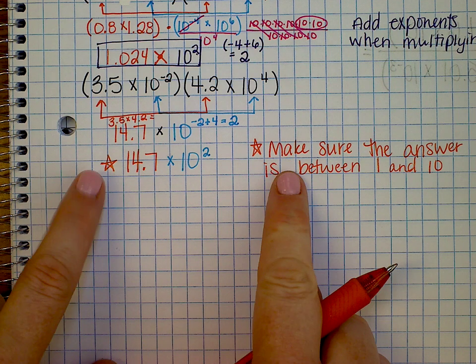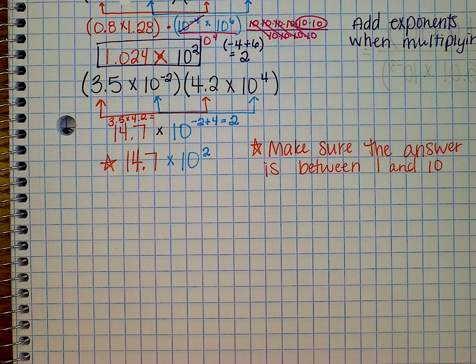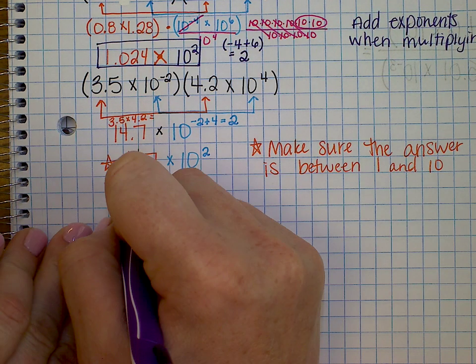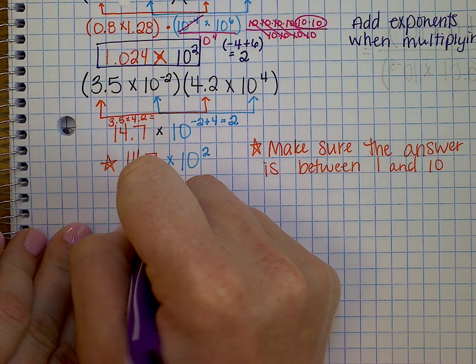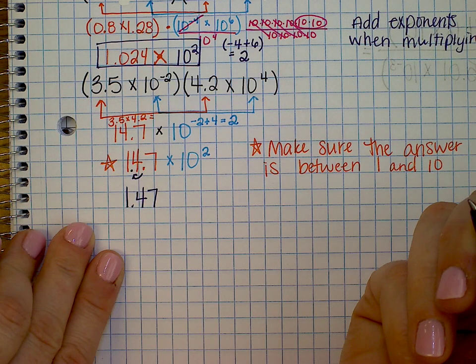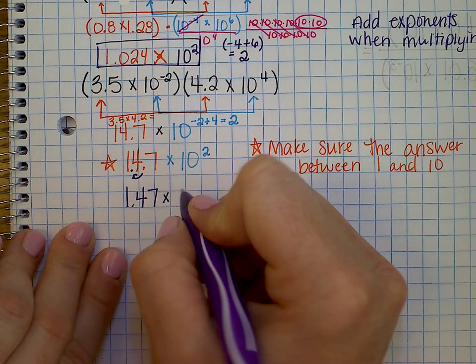So if I have 14.7, I need it to be 1.47. So I actually have to move the decimal once. So it actually would be 1.47.